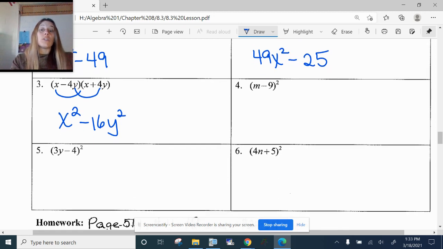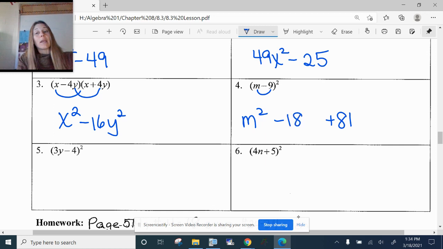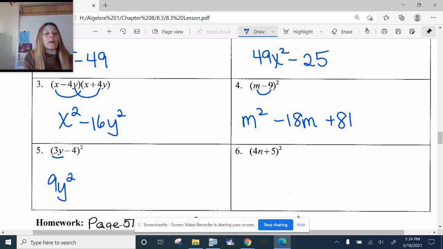This is the one where we do have a middle. It's just going to be multiplying those and then doubling it. So first we have m squared, then negative 9 times negative 9 is positive 81. But we have a middle term here, which is negative 9m doubled, which would be negative 18m. 3y times 3y, 9y squared.